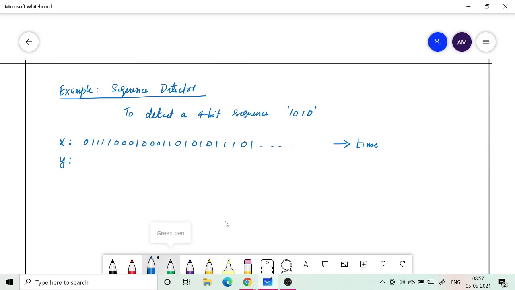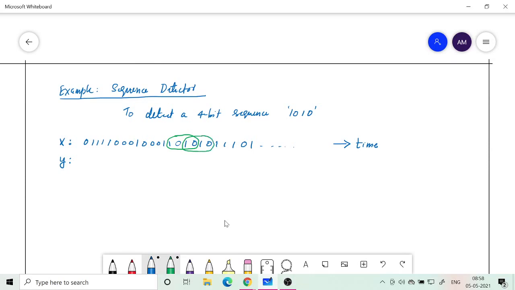So if you see where is the first time 1 0 1 0 comes, you can see that here there is a 1 0 1 0, and then you can think about considering this as another 1 0 1 0.